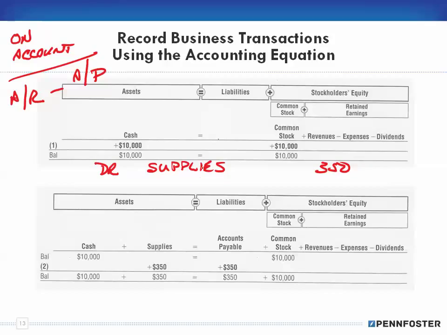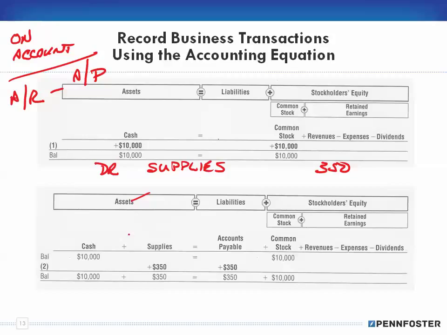Well, when I buy the supplies, it's something I own. And what's the definition of an asset? It's what you own. So I'm going to look underneath my asset accounts for the general ledger account that best fits the situation. In this case, it ends up being supplies.